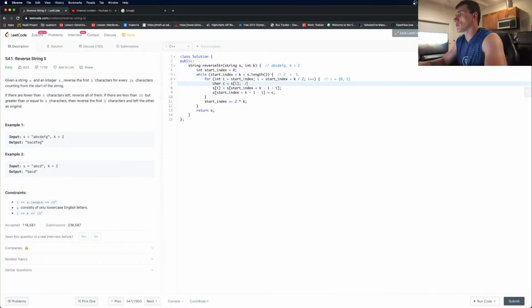So actually i will be only 0 because it's strictly less than 1. So it will be only one number here. It will be only A. Whereas start index 0 plus 2 minus 1, 1. So it's 1 minus 0 is 1.